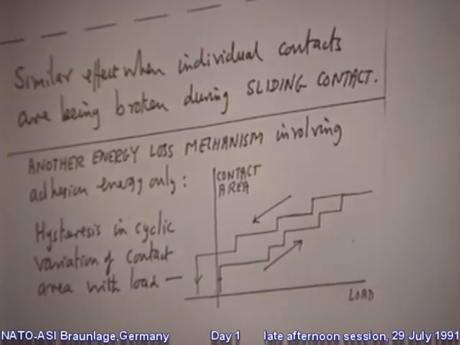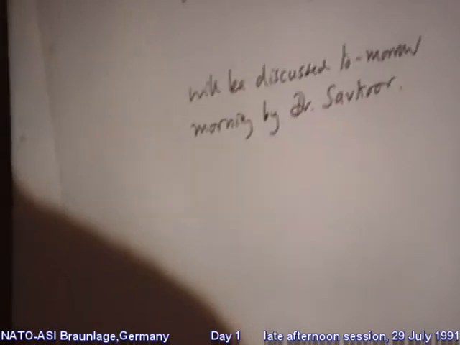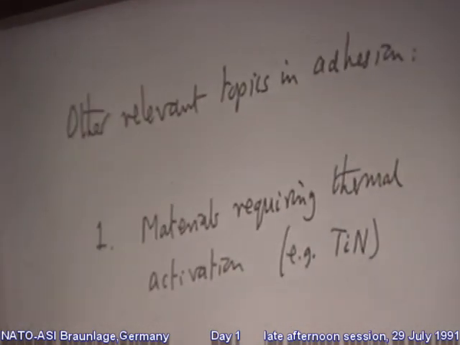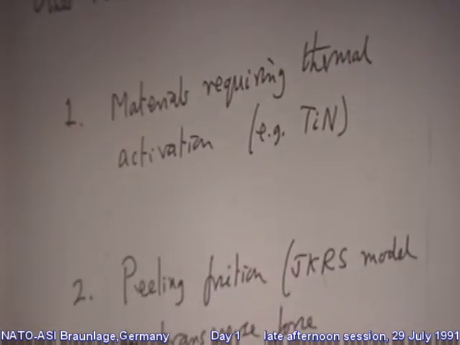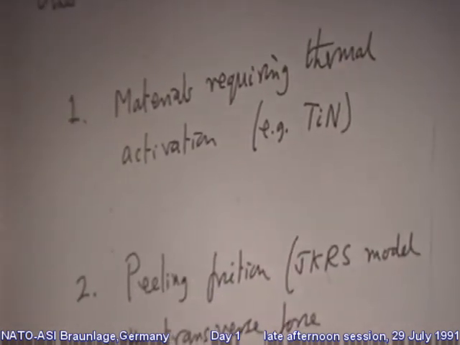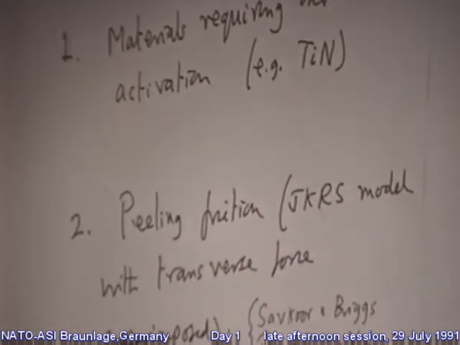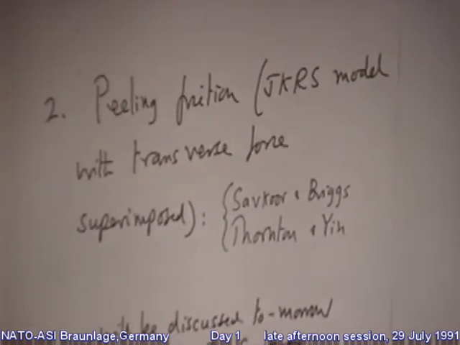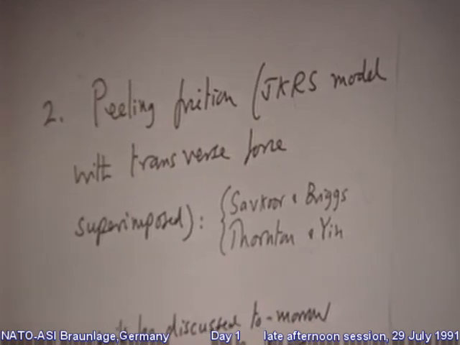There are two topics which ought to be talked about here to complete the list. They are the possibility that for some materials, such as titanium nitride, thermal activation is required to get adhesion. In other words, you may get very strong adhesion if you can surmount an energy barrier.